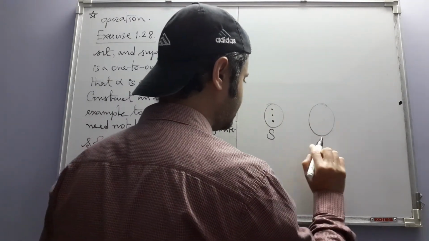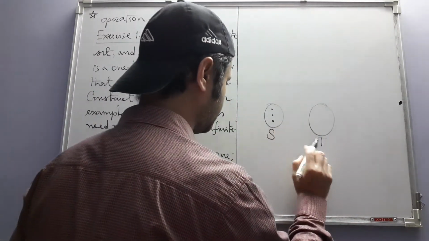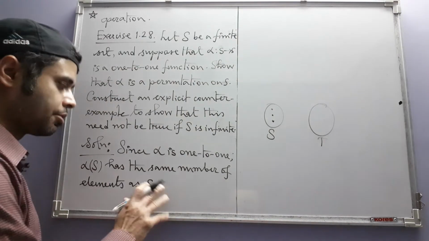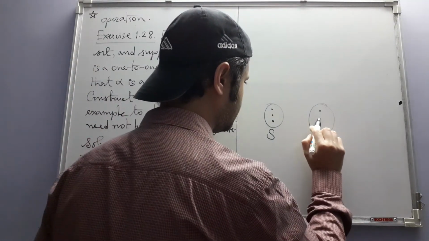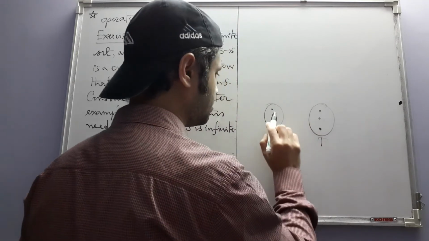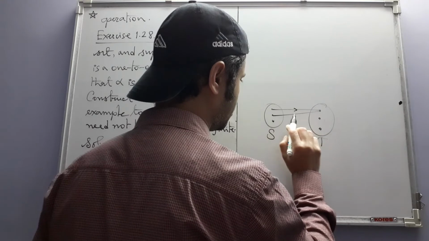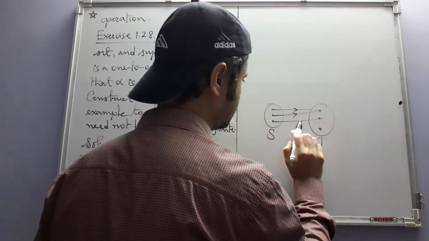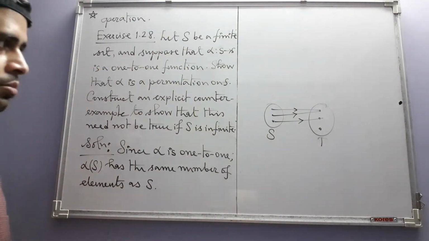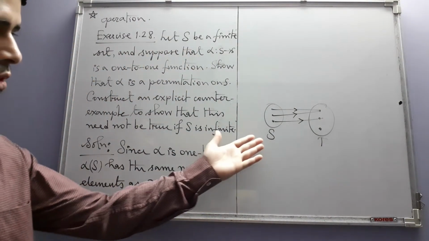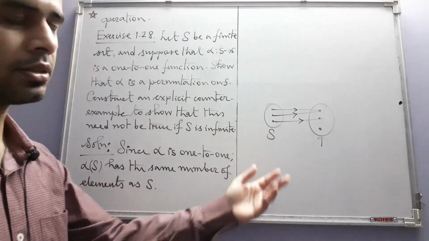Now if we had a different set, just to give you an idea of what we are not seeing here, if you had a different set T and your alpha was not one-to-one, then you can see that, so this is a general situation where there are two arbitrary sets involved.